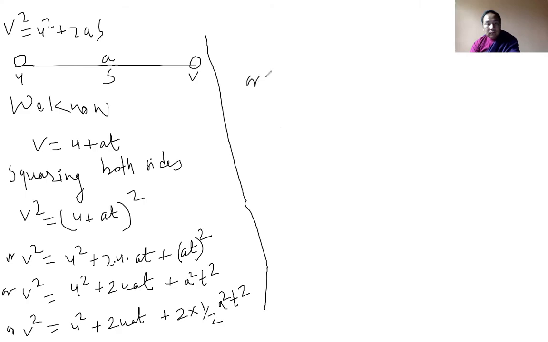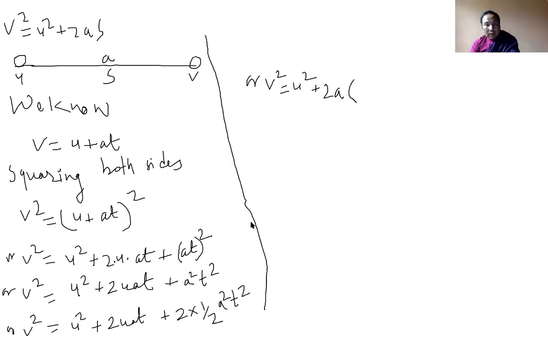Now v square equal to u square, same I am copying, plus. Now here is also 2, here is also 2, so we can take 2 common. Here is also a, here is also a square, so we can take a common. Here is t square, we could take 2 also common, but we don't take, so let's take 2a only common.